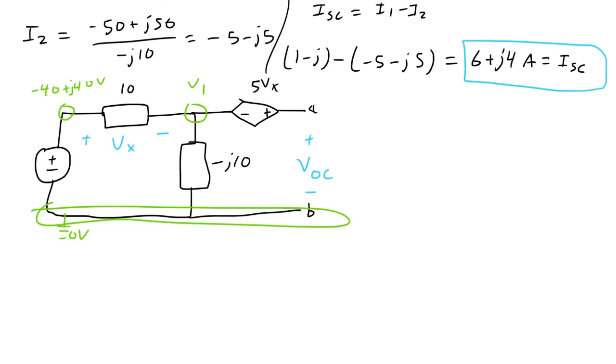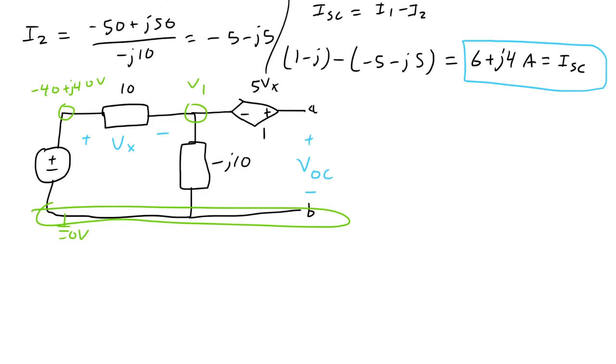Okay. Now it may be tempting to say, oh, well, there's no current flowing through here, so the voltage over here is the same. Well, it isn't really. If this was not a passive component, then you could say that.